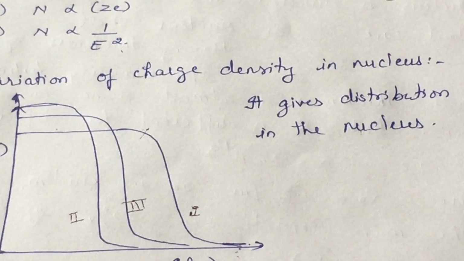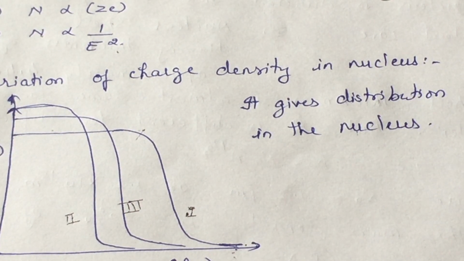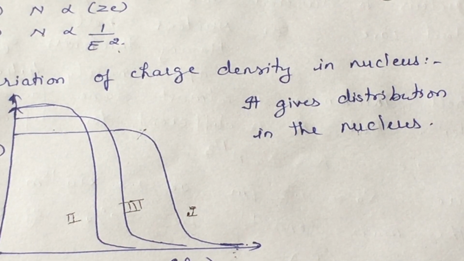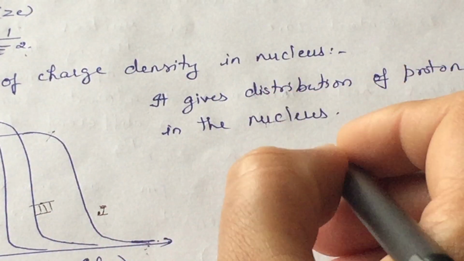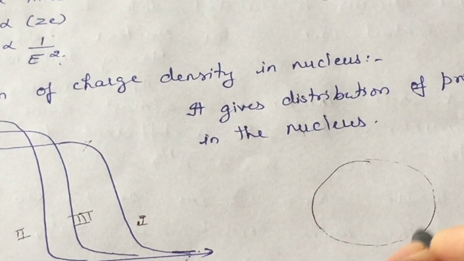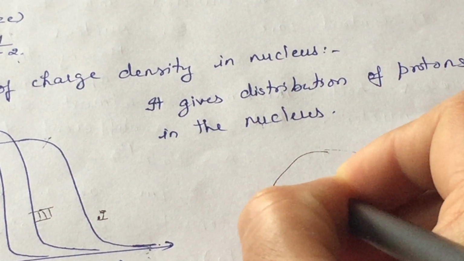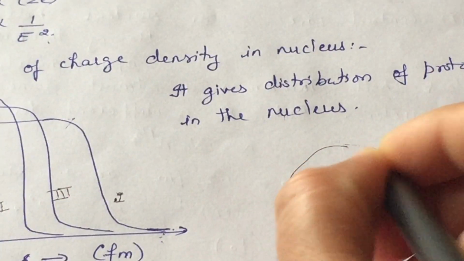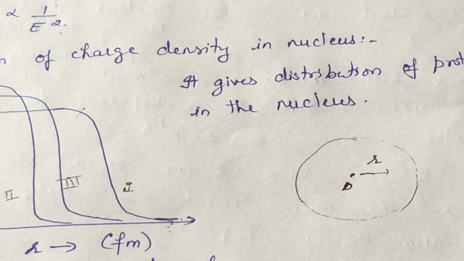Let us show this graph on the diagram of the nucleus as a sphere. This is our nucleus, this is the center of our nucleus, and this is the distance which is gradually increasing.